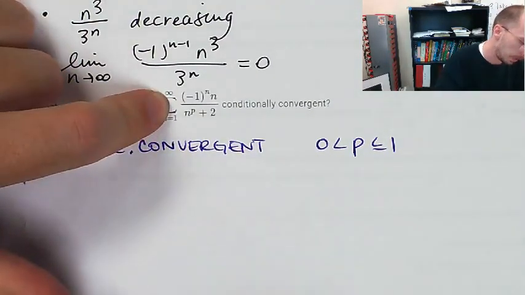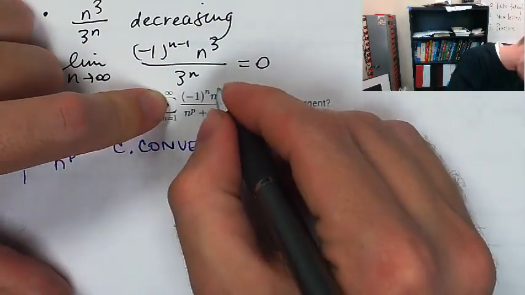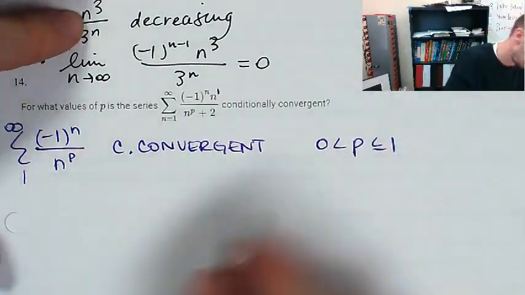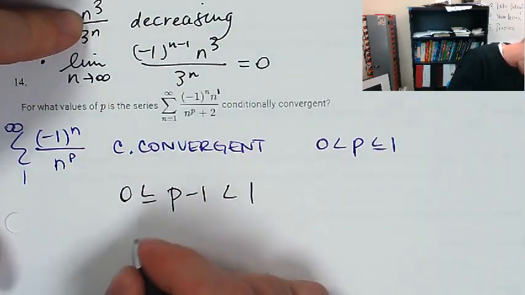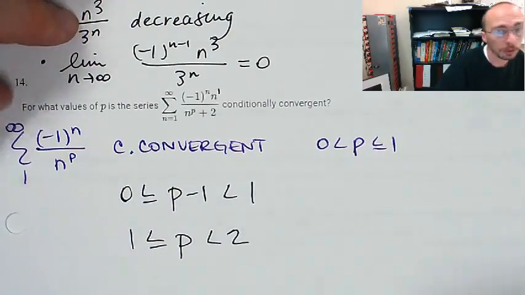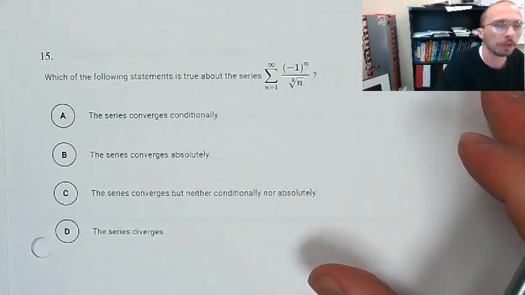So if I want this series to be conditionally convergent, because this is like n to the first power, p minus 1 needs to be in that interval. So add 1 to all 3 sides. p is between 1 and 2, including 1, but not including 2.